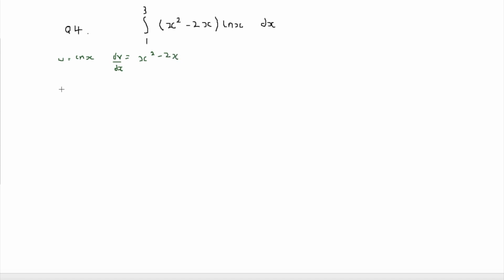So therefore du over dx is going to be equal to 1 over x. V is therefore equal, if we integrate this, to a third x cubed minus x squared.